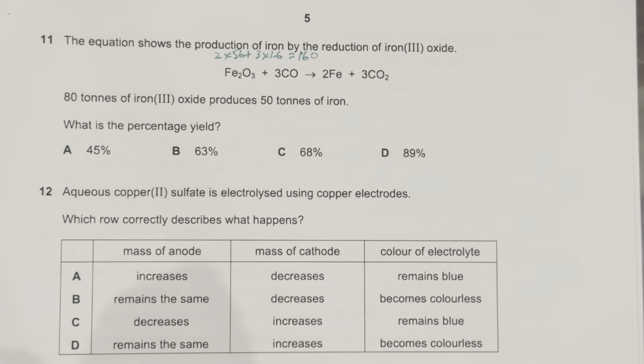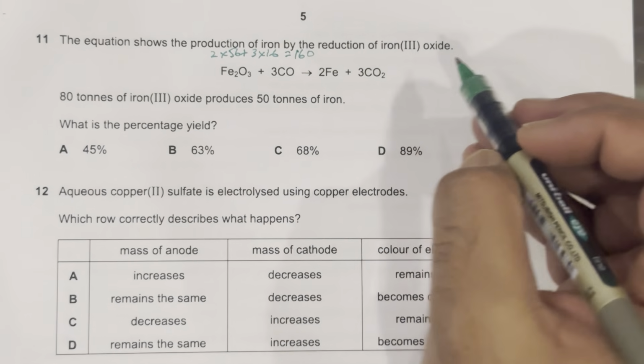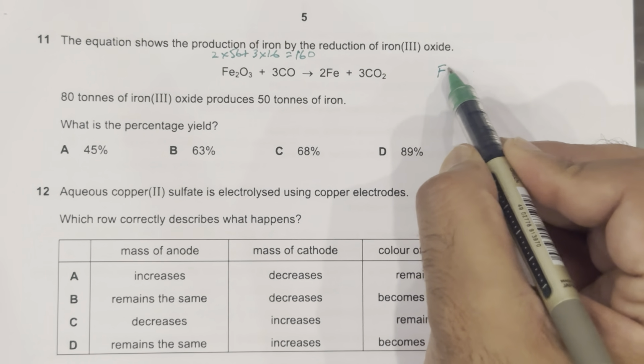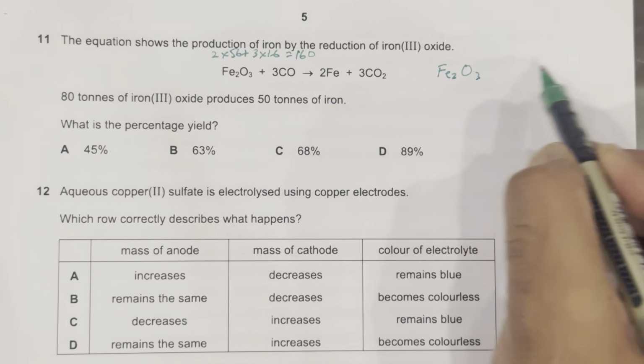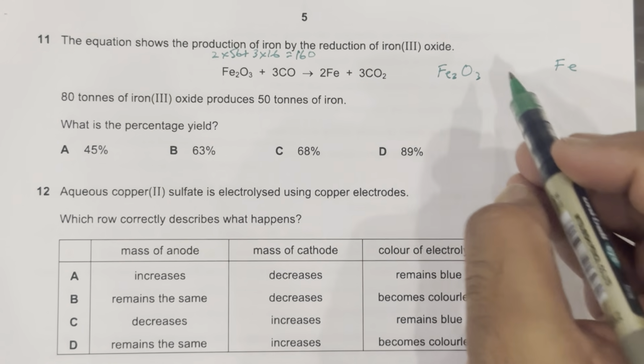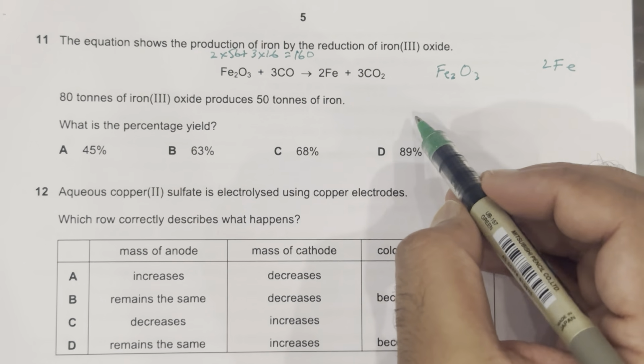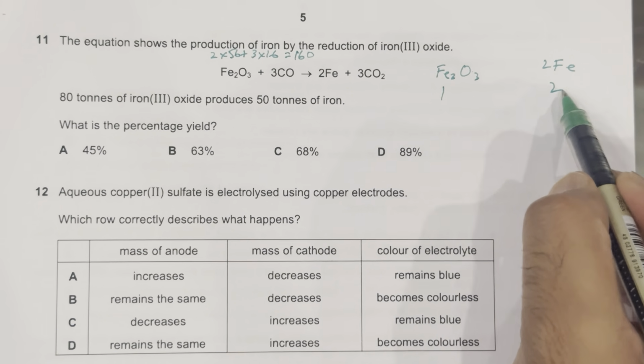From the balanced equation we can see that Fe2O3 gives 2Fe. 1 mole is producing 2.